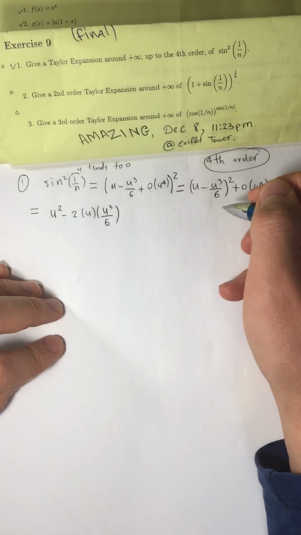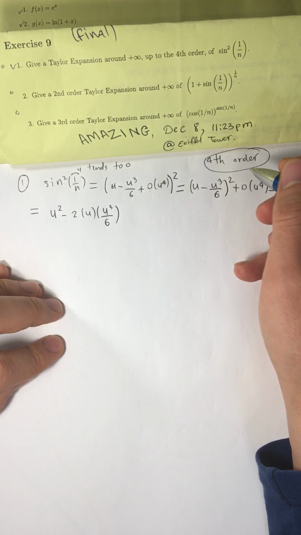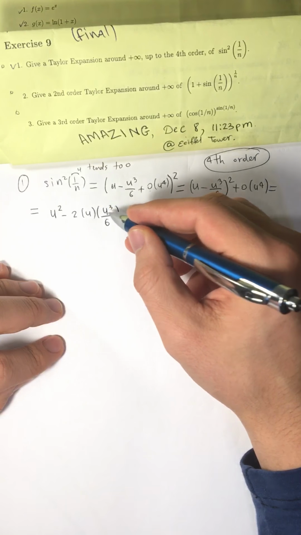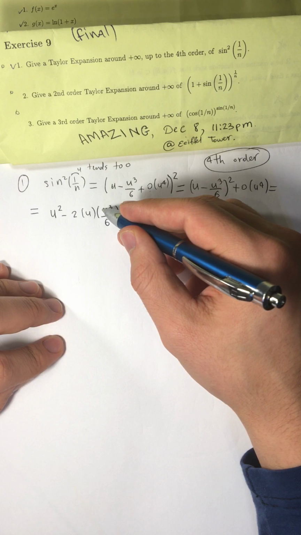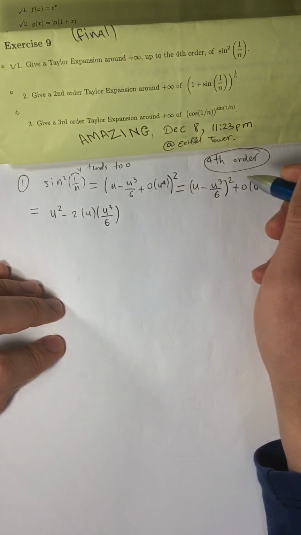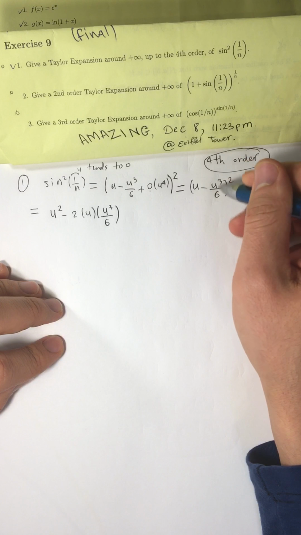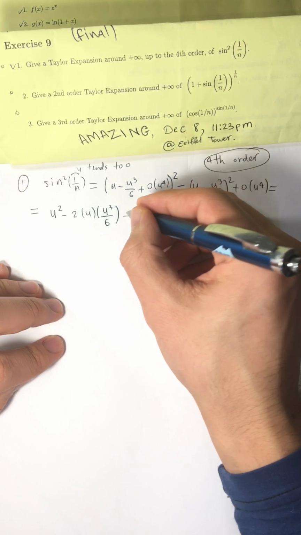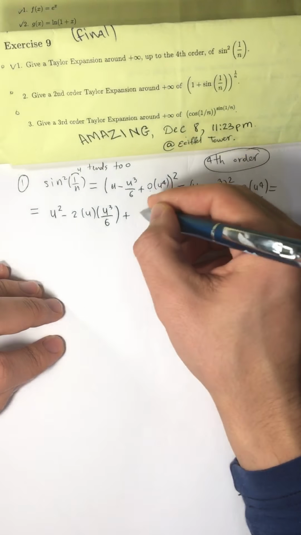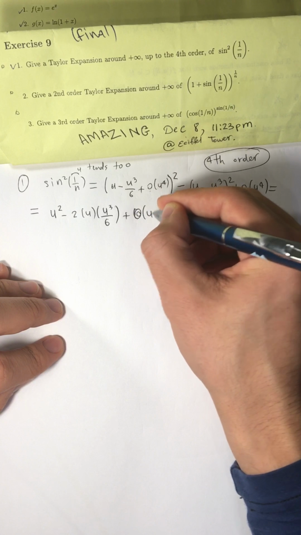Why am I writing this? Because u times u cubed is going to be u to the 4, and we need to write it. But the square of the second term is going to be u to the 6, and we don't need to write it. So we just write o(u to the 4).